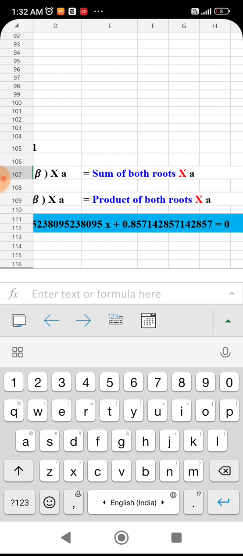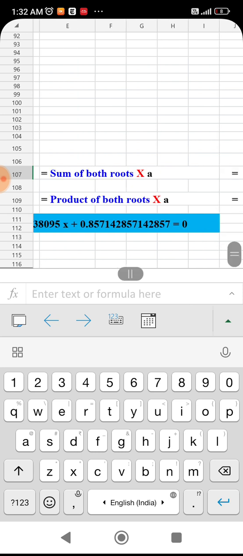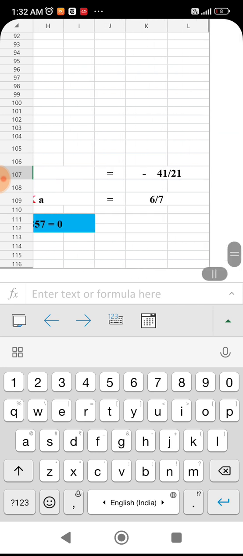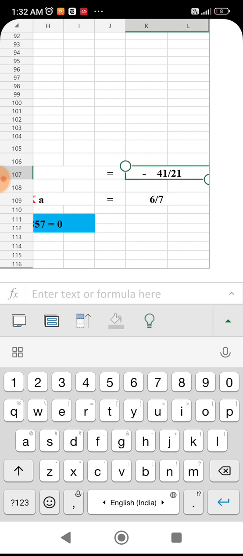Then you have to put those values here and multiply with 1. If we multiply, we get B equals this, C equals this.